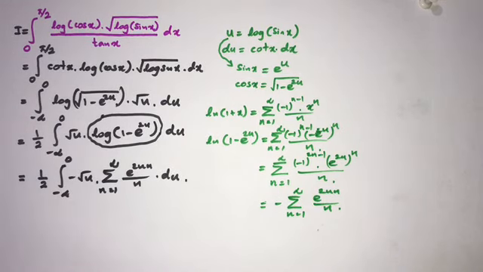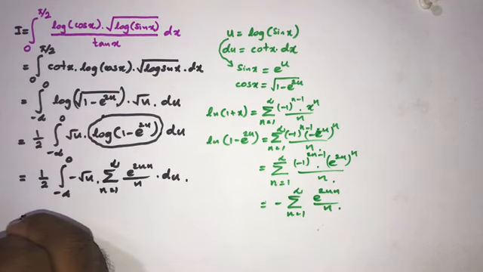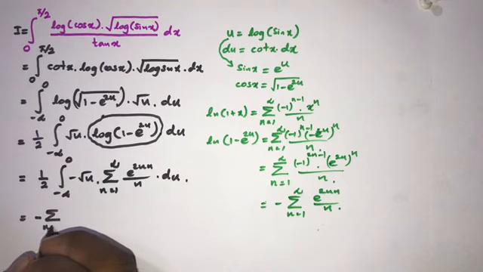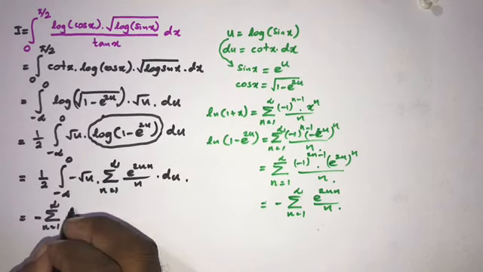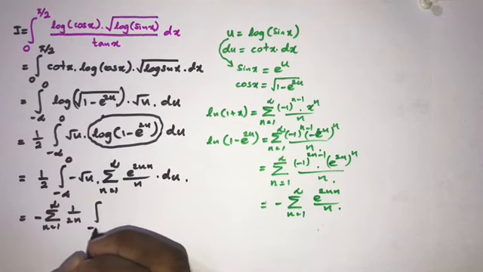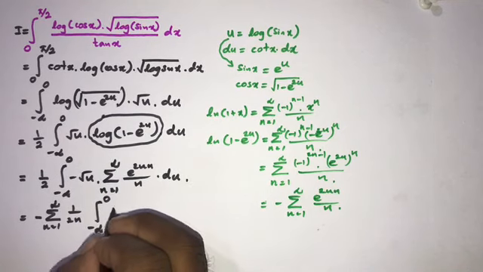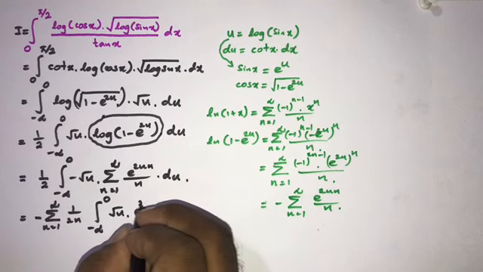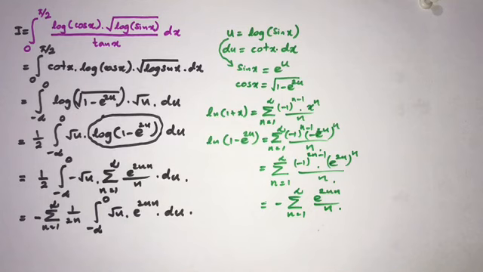Then this sigma notation we can write outside of the integral sign. So now we have minus the infinite sum from 1 to infinity of 1 over 2 times n, integral from minus infinity to 0 of square root of u times e to the 2un du.